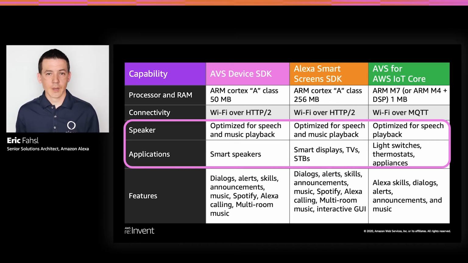But if your device has limited hardware capabilities, limited RAM, resources, etc., that's really where AVS for AWS IoT Core comes into play. Next, I'm going to walk you through the first of the two SDKs I mentioned and talk a little bit about how you can get hands-on yourself.